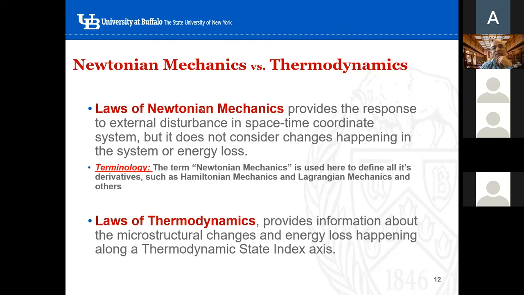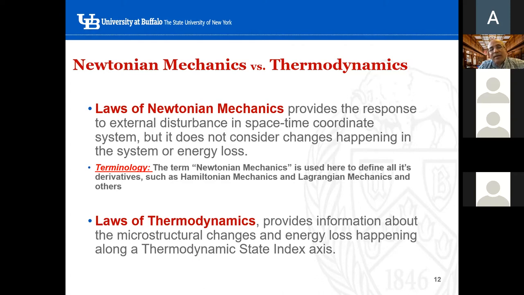Now, just to clarify, when I say Newtonian mechanics, I mean everything that is using the universal laws of motion of Newton, like Hamiltonian mechanics, Lagrangian mechanics. These are all derivatives of Newtonian mechanics. If you take one derivative of Hamiltonian, you end up with, again, Newton's equations. But they're based on the 3 laws.